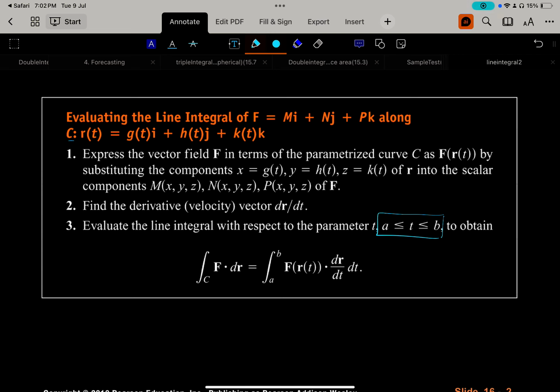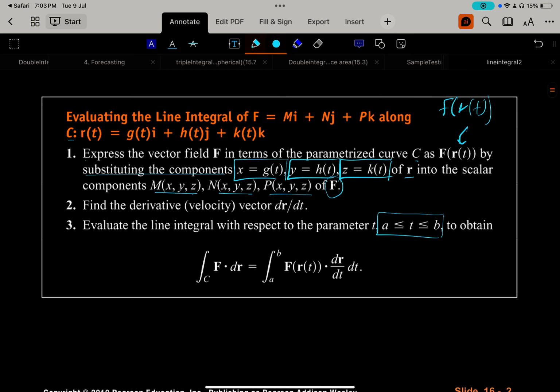Our first step is to express the vector field F in terms of the parameterized curve C as F of r of t, by substituting the components x equals g of t, y equals h of t, and z equals k of t of r into the scalar components M, N, and P of F. And so we basically plug the function r of t inside the function F.